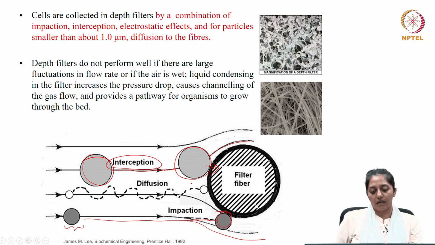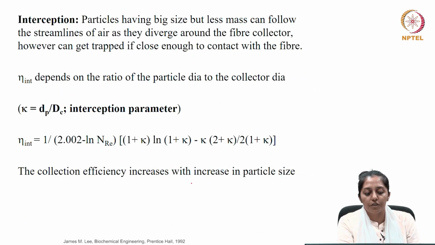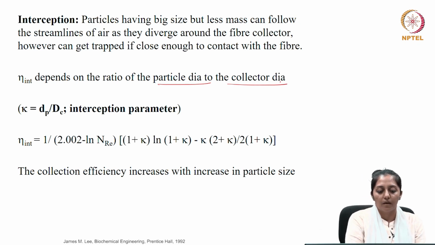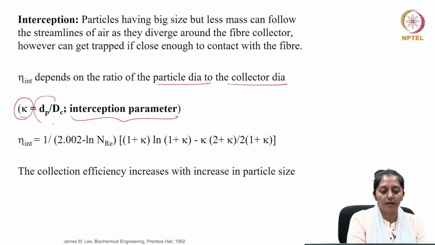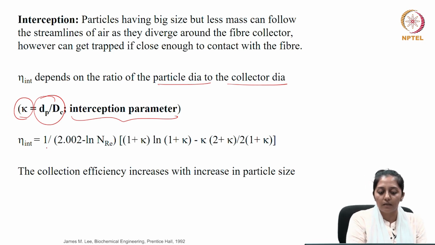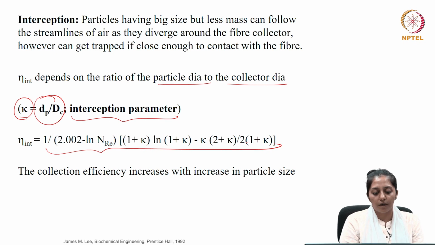and because of its size, it may interact with the fiber and get stuck. So, the efficiency of interception would depend on the ratio of the particle diameter to the collector diameter, the fiber diameter. The interception parameter is defined as the ratio of the diameter of the particle to the diameter of the collector, and the efficiency in turn can be a function of the Reynolds number and the interception parameter.